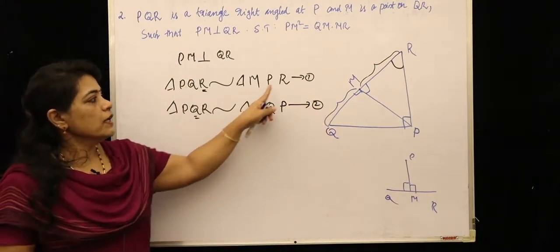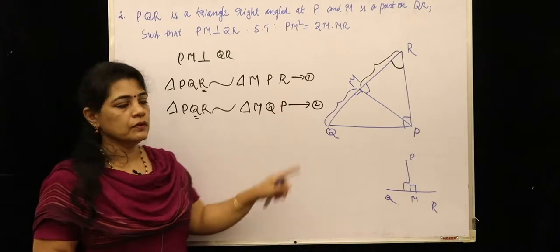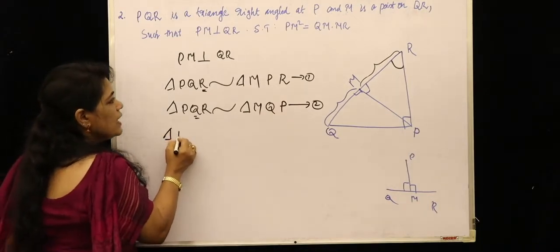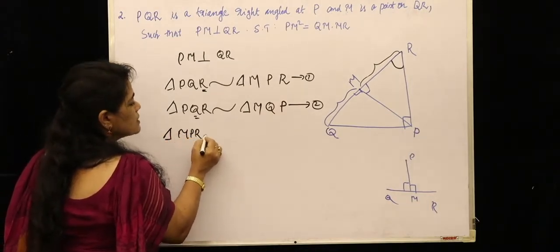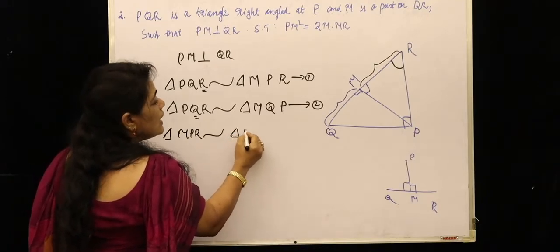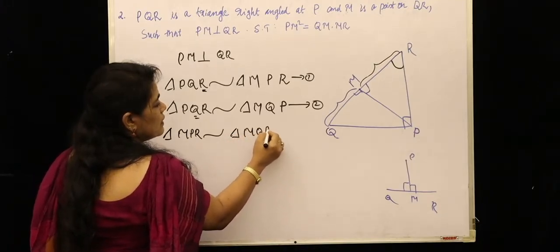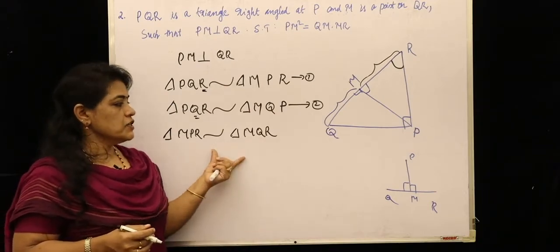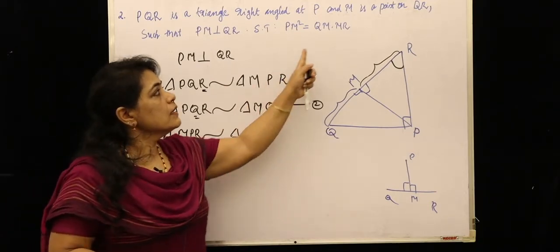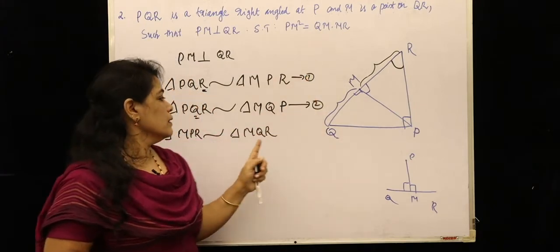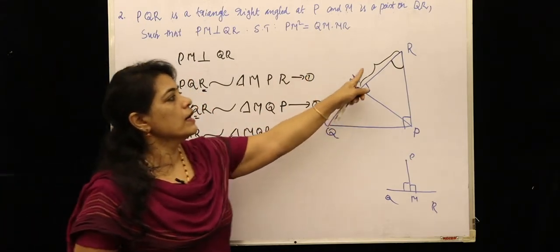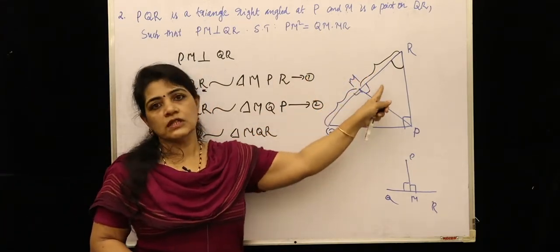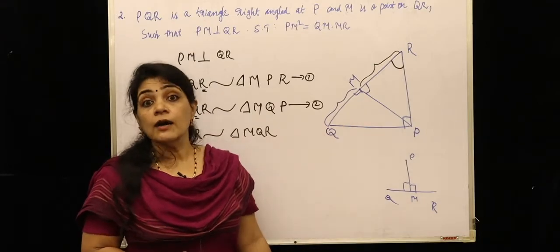That means you can equate these two. So triangle MPR is similar to triangle MQP because of these. And in particular, we need this relation. I already informed, here we need QM into MR. QM and MR are the sides of these two triangles on either side of the perpendicular.